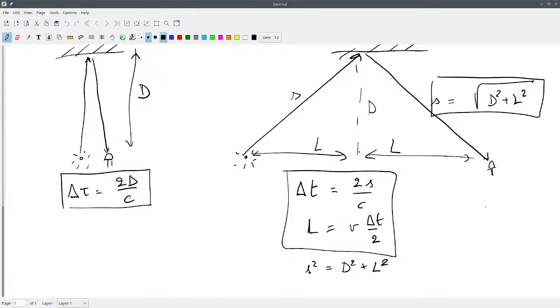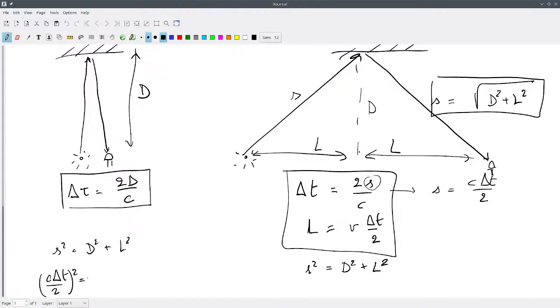So let's now look at s squared is d squared plus L squared. If s squared is d squared plus L squared, we can actually relate some of these things with each other. So we're going to use s here and write this in terms of delta t. So s is c delta t over 2. So that's c delta t over 2 squared.